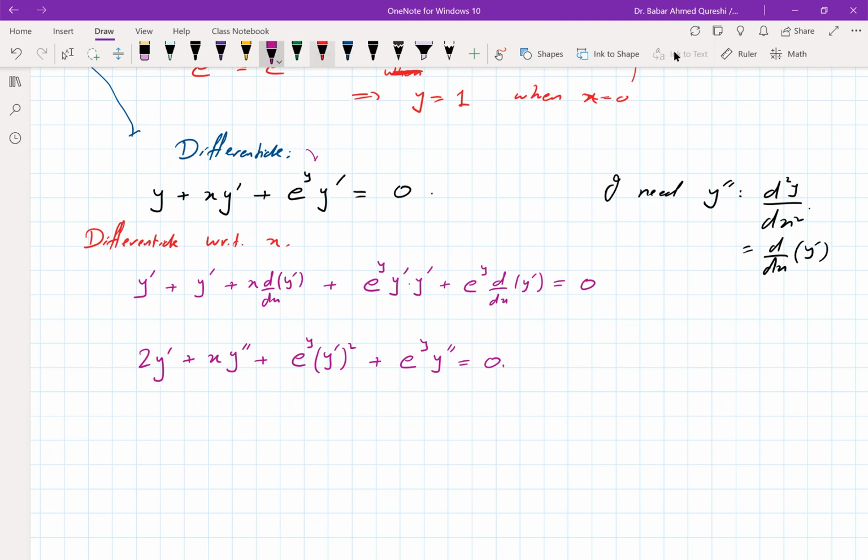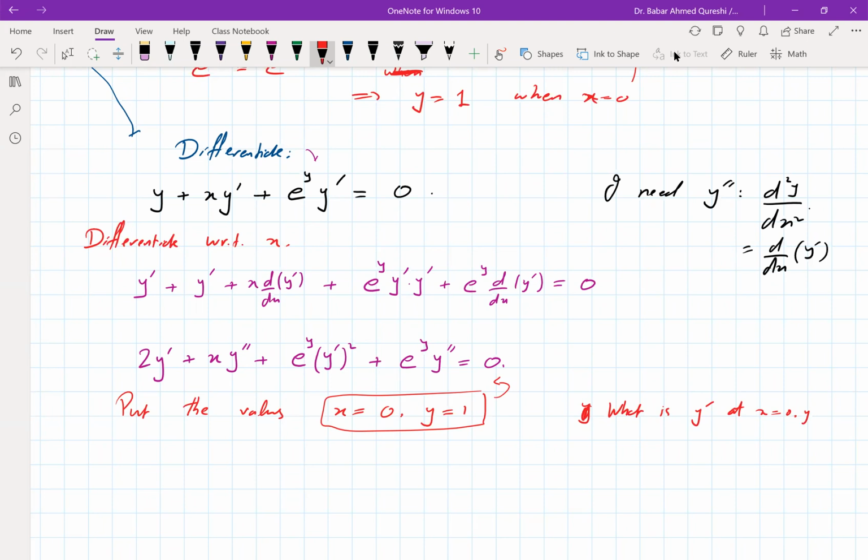Now I want to put the values. X is equal to 0 and y is equal to 1, because that's where we want to find the value of y double dash. But I have a problem. When I try to put this in, what is y dash at x is equal to 0 and y is equal to 1?